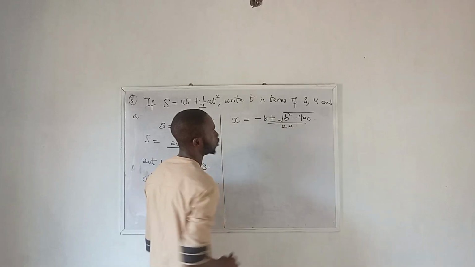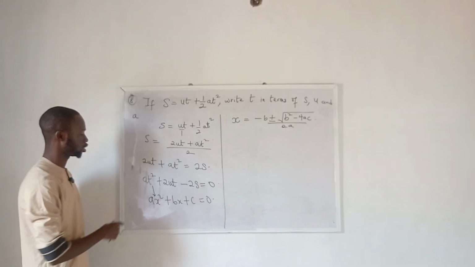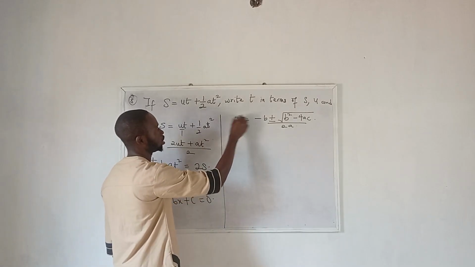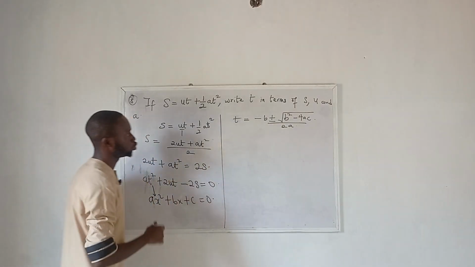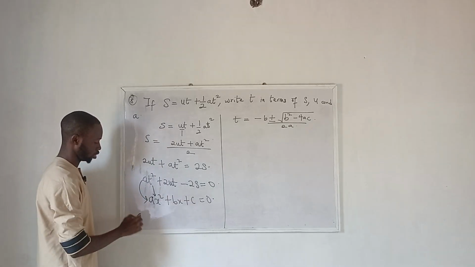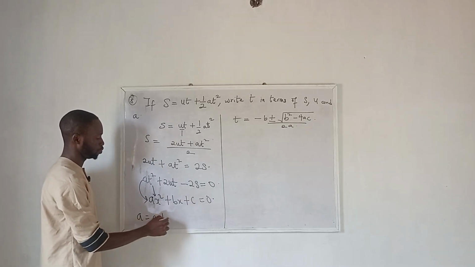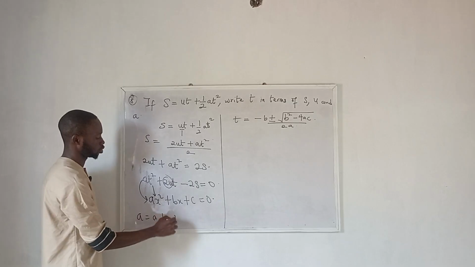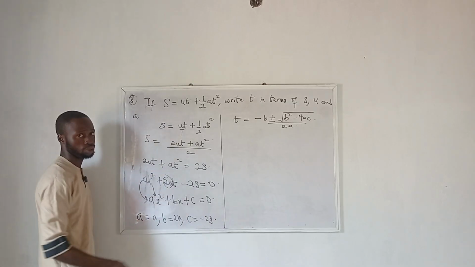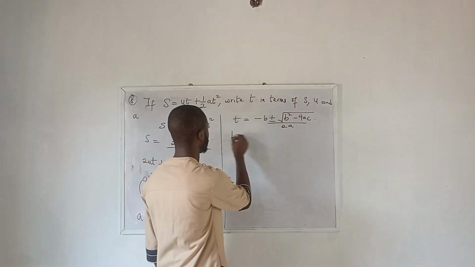In this particular question, our variable is not x, our variable is t. So we need to know our a. Our a in this question is a. What about b? b is the coefficient of t, that's 2u. Then c is minus 2s. So a, b, c, we input into this formula so that we can make t the subject.